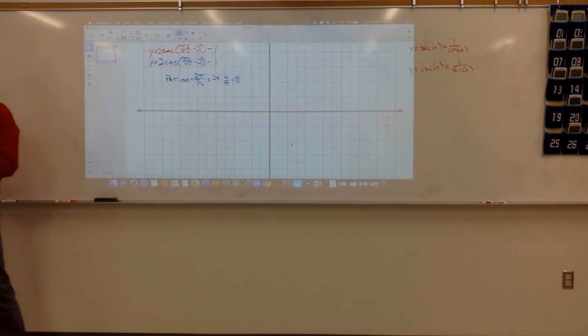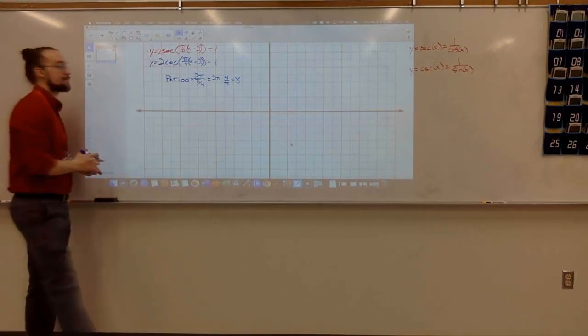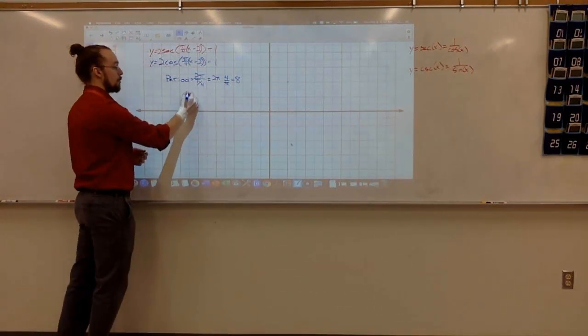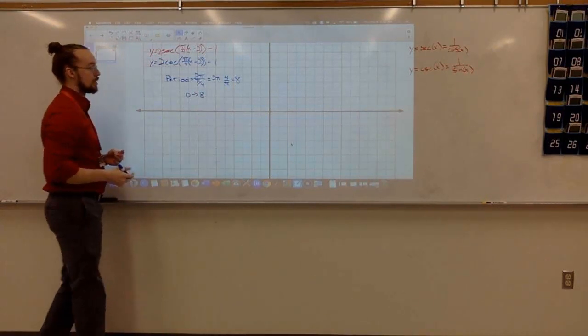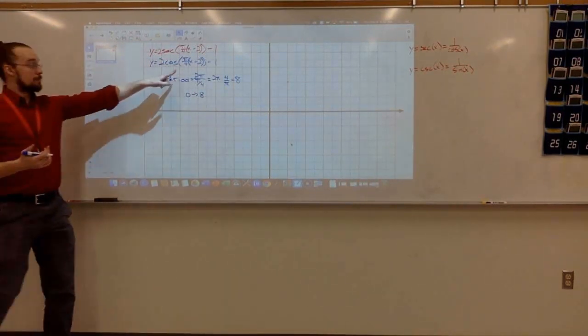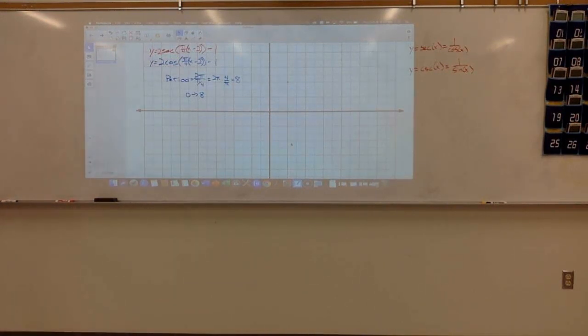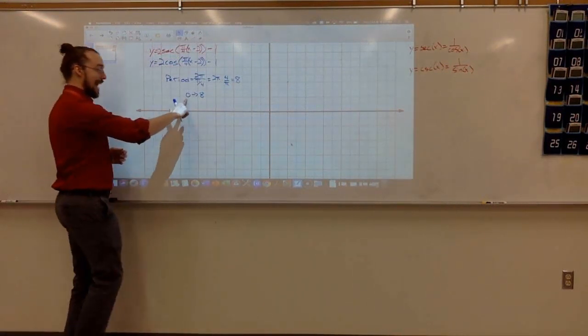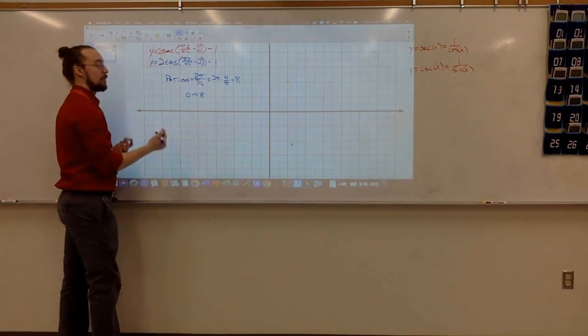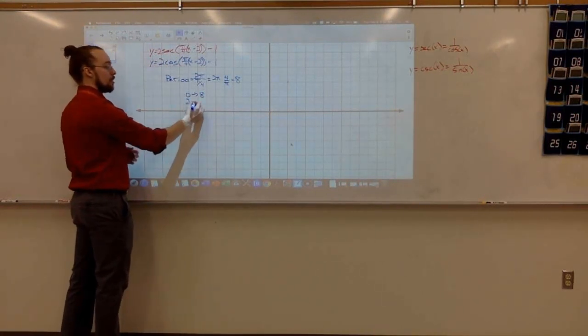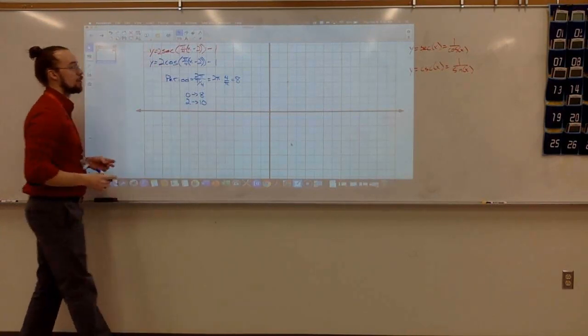So I have a period of 8 here. Normally my period would go from 0 to 8, but I'm shifting right 2, so I'm going to add 2 to both my starting and ending points. So really my period is going from 2 to 10.